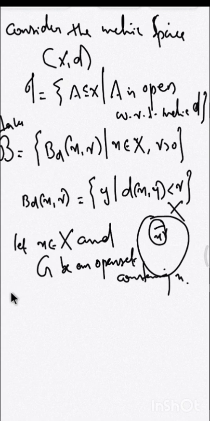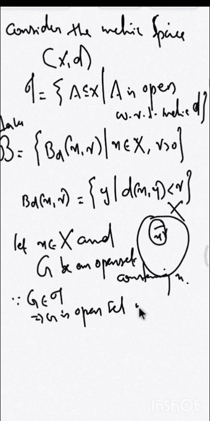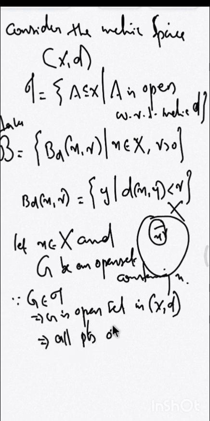Since G is open, G belongs to our topology, the metric topology, which implies G is an open set in the metric space (X, d). When a set is open in a metric space, all points of G are interior points.